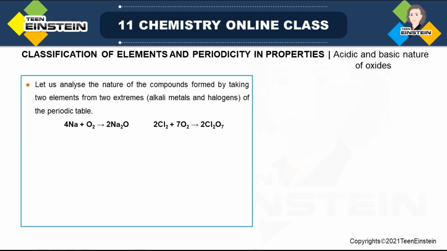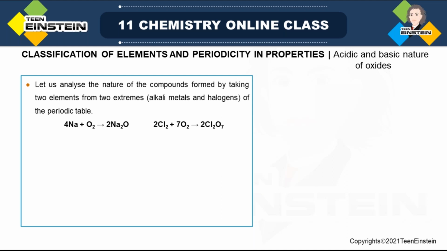Let us analyze the acidic and basic nature of oxides. Now we have some idea where the metals reside in the whole periodic table. In the last problem I said they reside mainly on the left-hand side, and there mostly in the downward part.